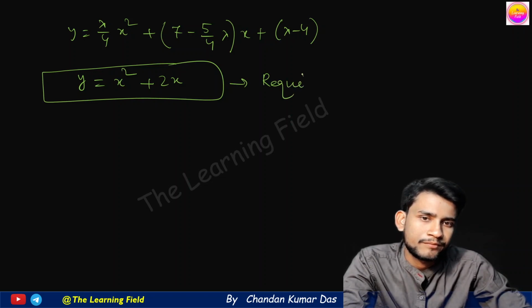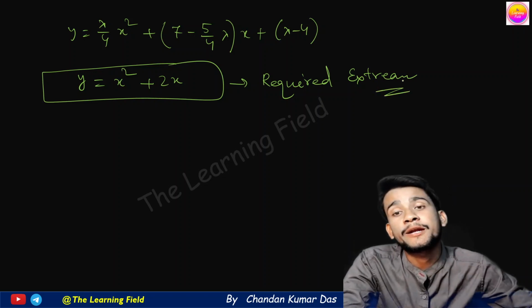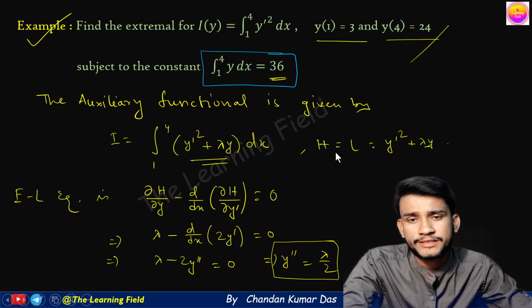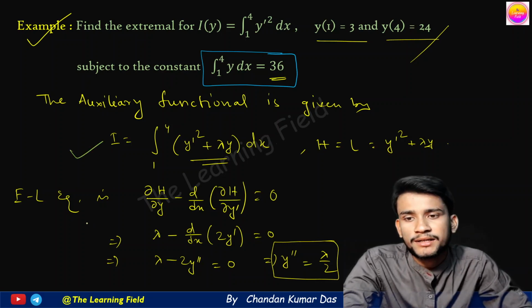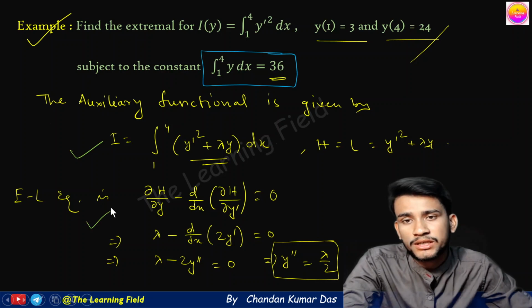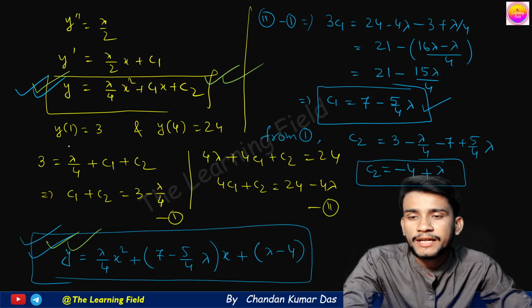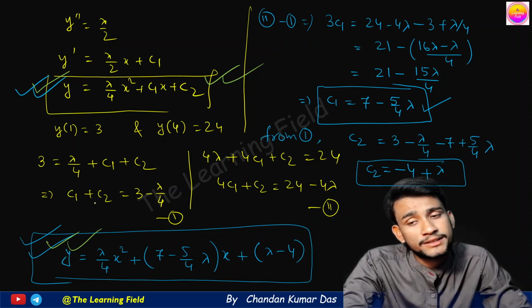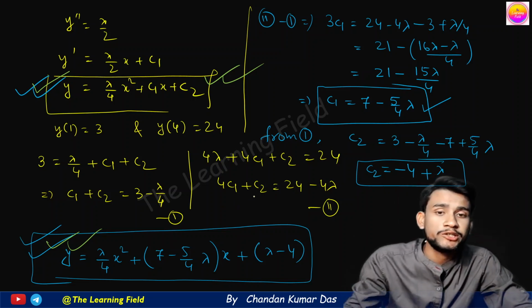Okay, so this is a standard isoperimetric problem. See, first what are the steps we apply here. First we write the auxiliary functional, then we apply the Euler-Lagrange equation and find the value of y in terms of c1 and c2, then apply the given conditions to get the equations in terms of C1 and C2, and then in terms of lambda, to get the values of C1 and C2 in terms of lambda.